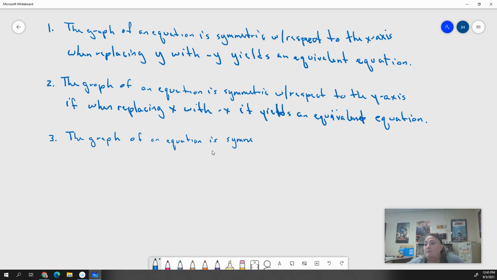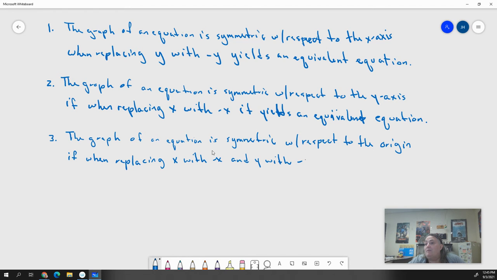Is symmetric with respect, doesn't feel very respectful right now, to the origin if when replacing x with negative x and y with negative y, it yields an equivalent equation. So those are our rules.